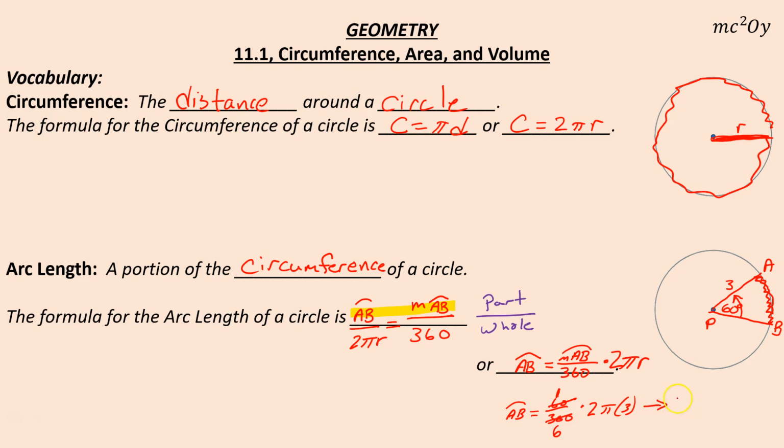So that would be equal to 1/6 of 6 pi. So in this case, it would just be 1/6 of 6 is pi. Now it's not going to always equal pi. That's just something I came up with off the top of my head, but that's how you do it. We're just finding out 1/6 of the circumference because 60 over 360 is 1/6.